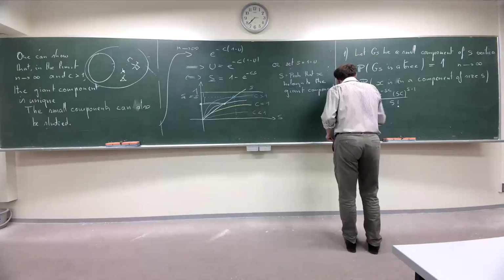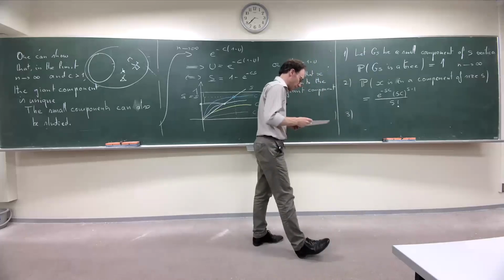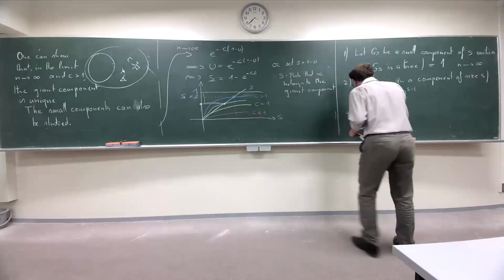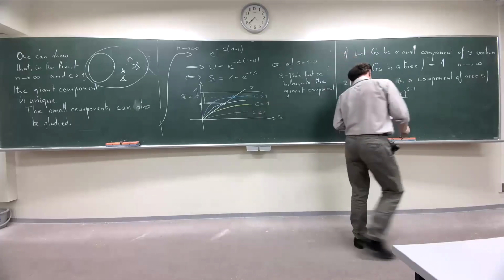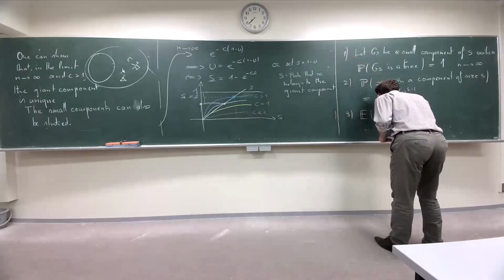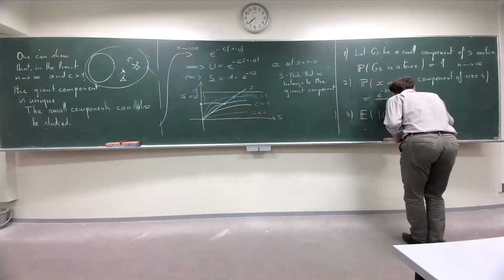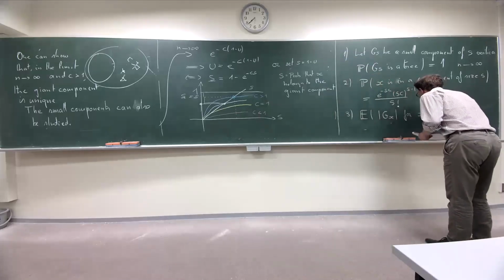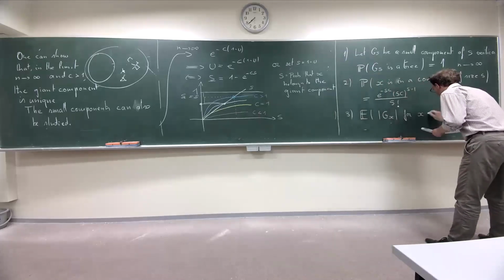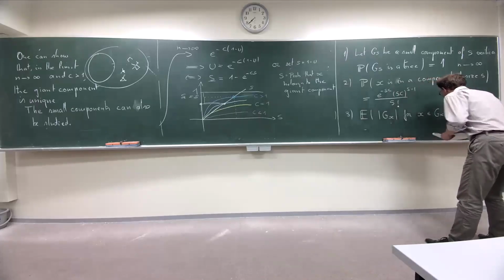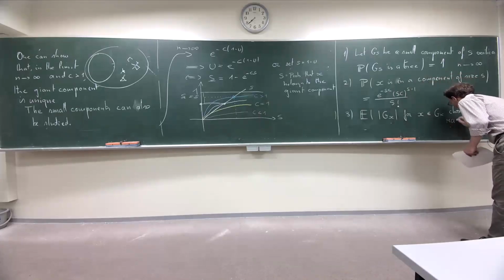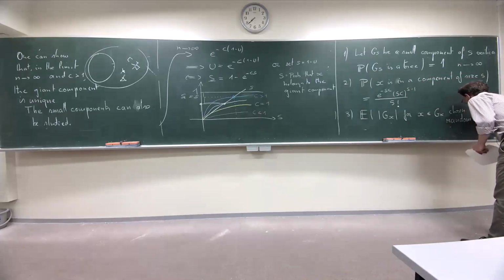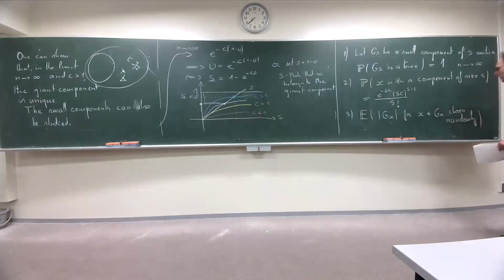And the third thing that I give you, what is the expectation of the size of Gx for X chosen randomly? So we have to be very careful about the statement.